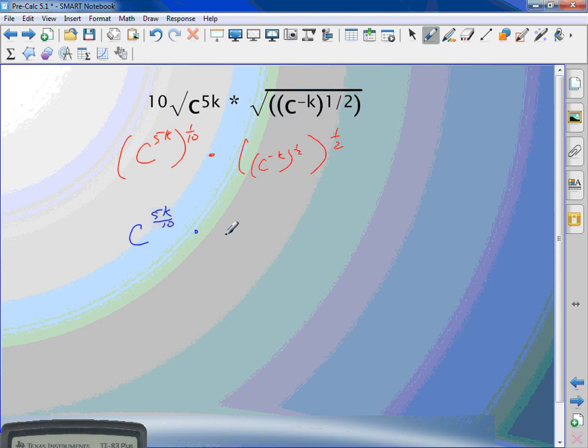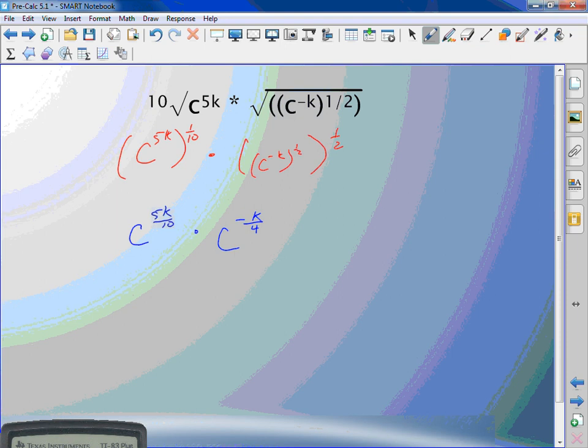So I have c to the negative k times 1/2 times 1/2. What's 1/2 times 1/2? 1/4. So it's negative k over 4. It doesn't mean you divide, it just means it goes on the bottom.